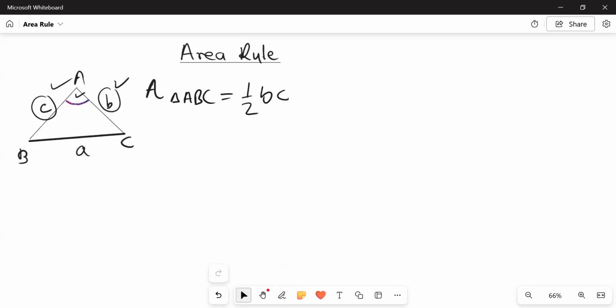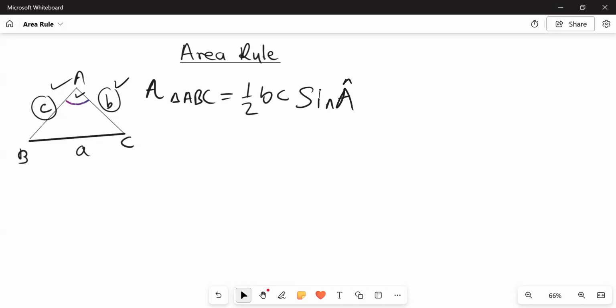So those are two sides which created an included angle A, right? Two sides which are surrounding an included angle A. So we say half times bc, multiplying those two sides, and then now we say sine A, considering the included angle.